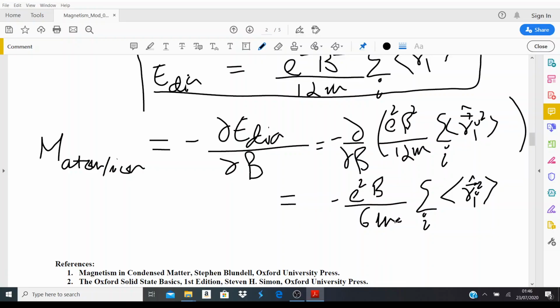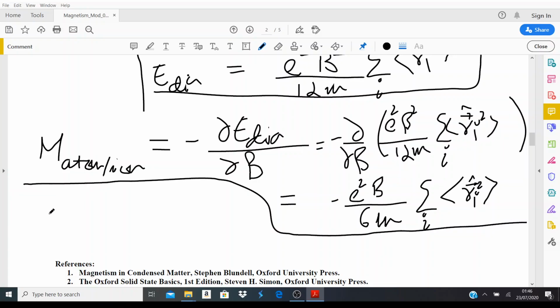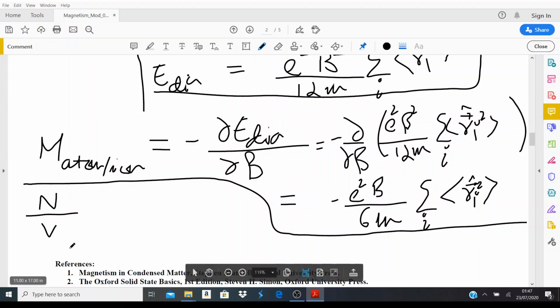Now, the next step. We know that this is the magnetization for an atom or an ion. Let us assume that in this problem, or in this material, we have n number of ions per unit volume. So if you are asked to calculate the magnetization of that material per unit volume, you need to multiply the magnetization per atom times n by v.